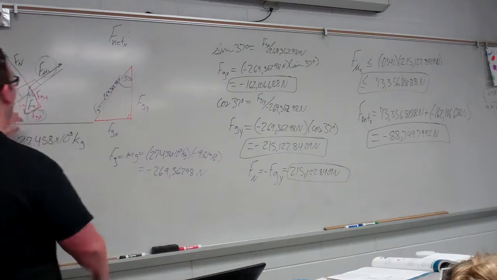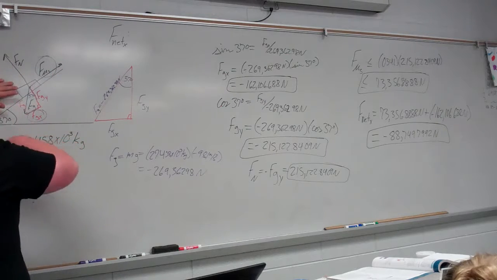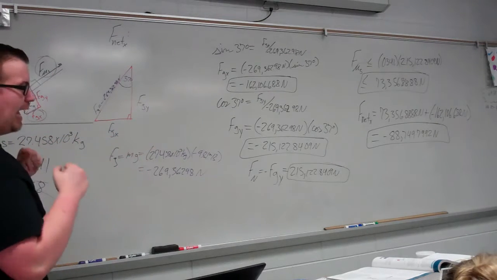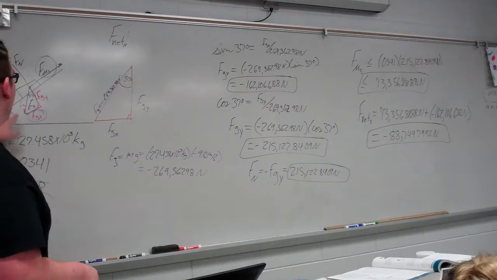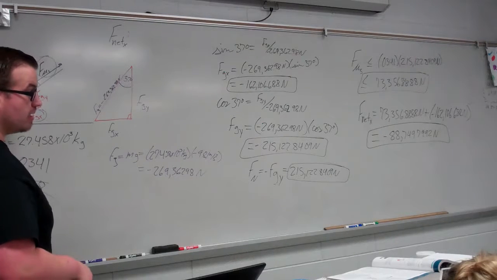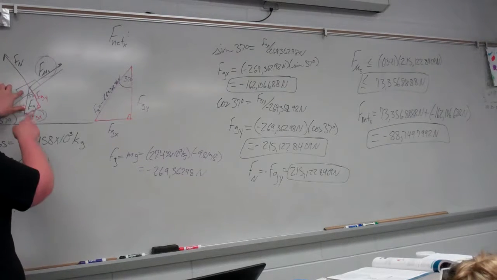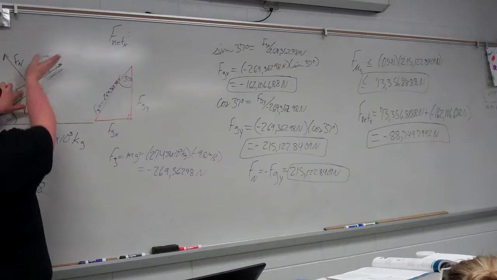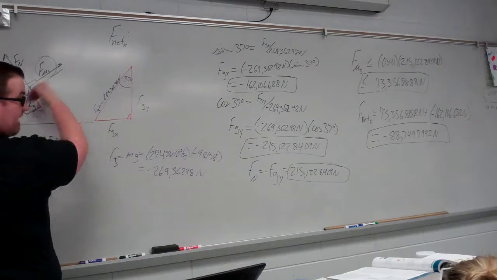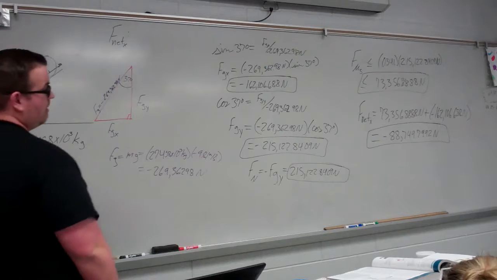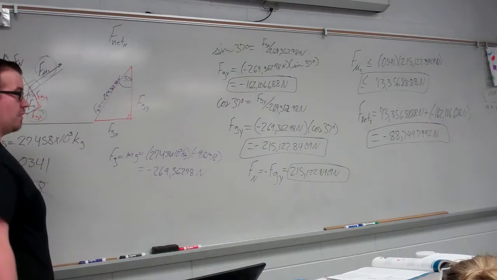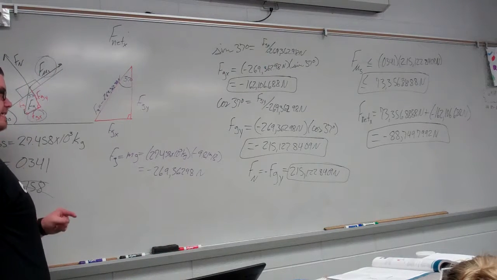The only way this would flip is like we did that one problem where we applied force. So if I was pushing on this box, what way would the motion be? The motion would then be up the ramp, so static friction is down the ramp. So you're looking to see if it's going to move up there. Does that make sense, or is that confusing? That makes sense. Okay.